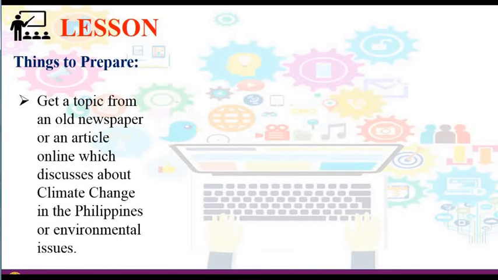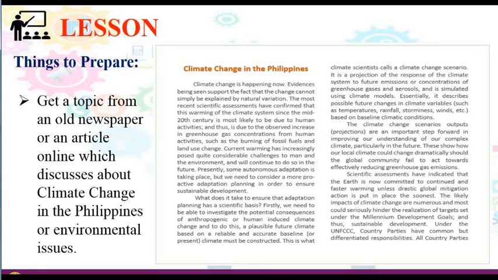Get a topic from an old newspaper or an article online which discusses climate change in the Philippines or environmental issues. You can also select a topic of your choice. So this is an example of the letter that I'll be showing you in integrating images as the topic.